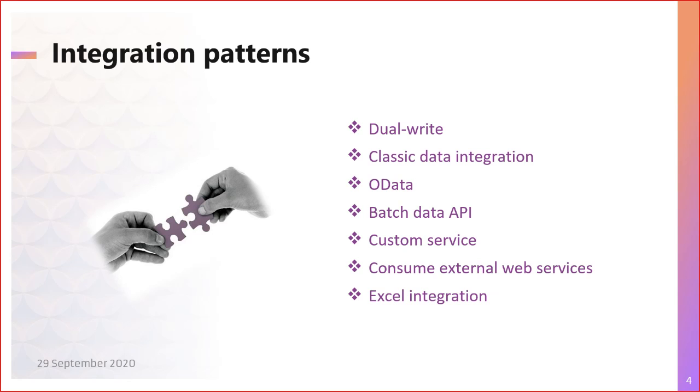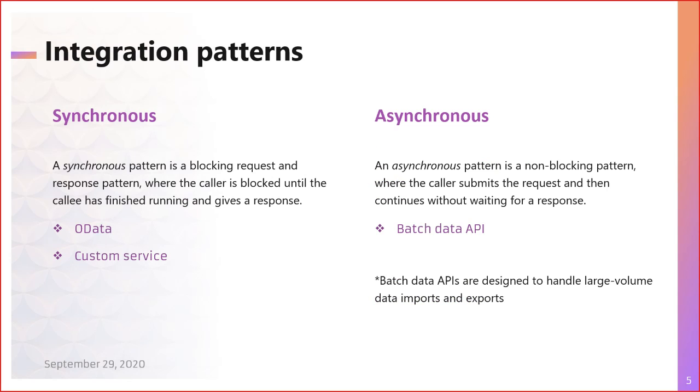So let's see what synchronous and asynchronous integration patterns we have. First we understand what the synchronous pattern is. Whenever a caller makes a call, it has to wait for the other party to respond.